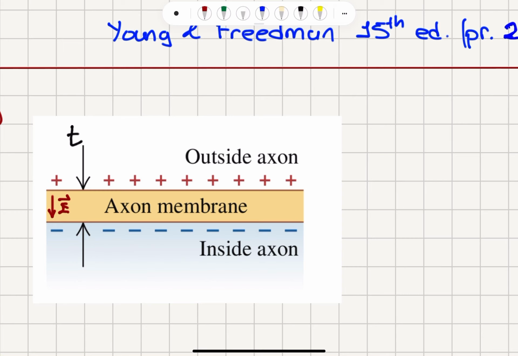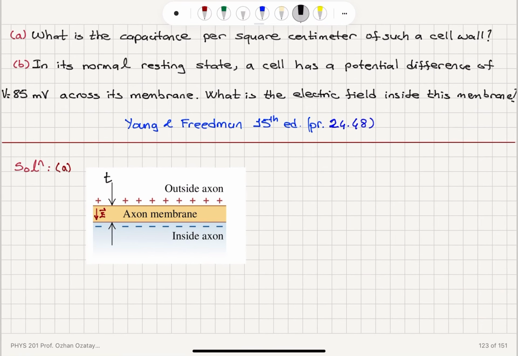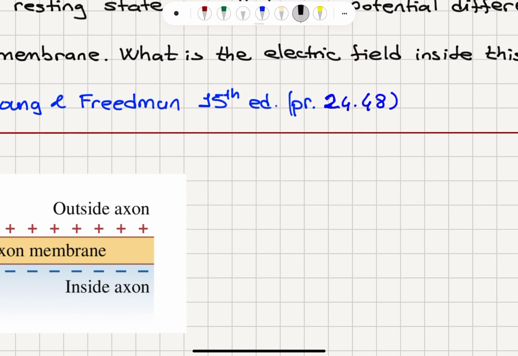this membrane. Now we have a dielectric material here, so we're going to replace epsilon 0, permittivity of free space, with kappa epsilon 0, the dielectric constant multiplied by epsilon 0.